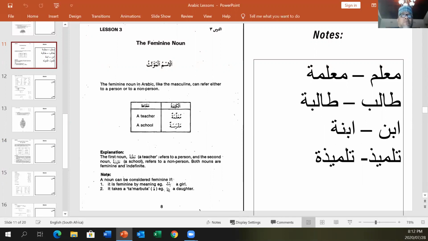Once again, we put the ta on there, and the nun had a tanween that takes an ah. The last one we can do is tilmidun, a pupil. For a female pupil it becomes tilmidatun. See that dal takes an ah, and the last letter will always take a tanween, which we could refer to as dammatayn.